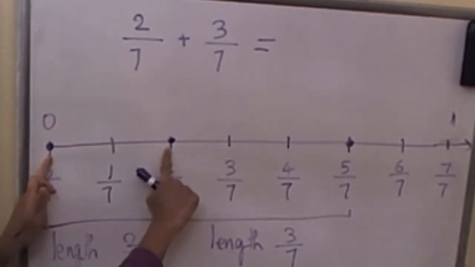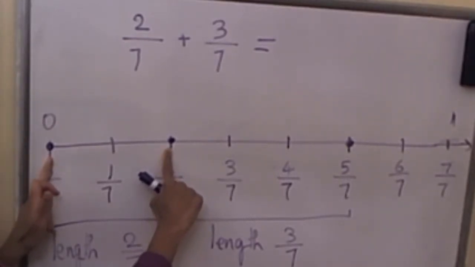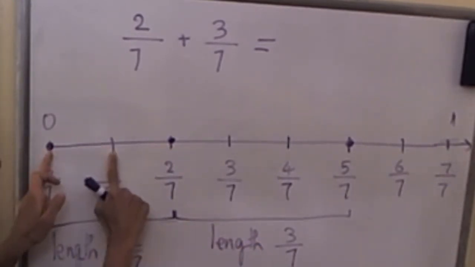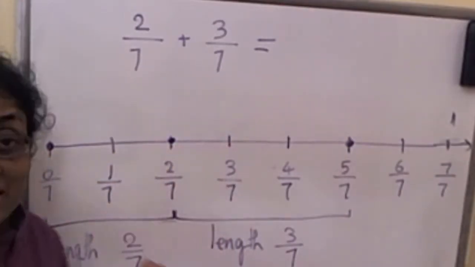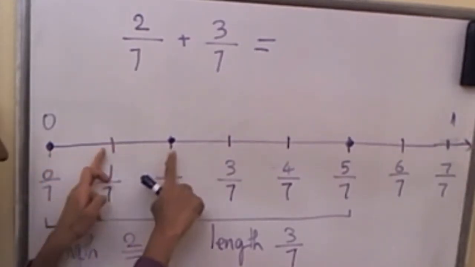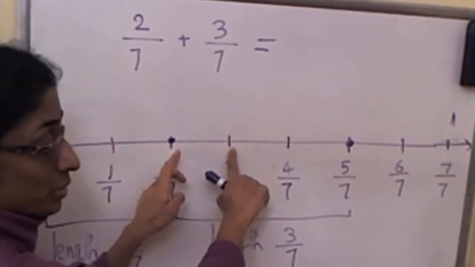The length of this segment we said is also 2 over 7. That's our agreement. And also each of these tiny segments, its length is the same as this segment, which is 1/7. So this is a copy of 1/7, this is a copy of 1/7, this is a copy of 1/7, and so on.